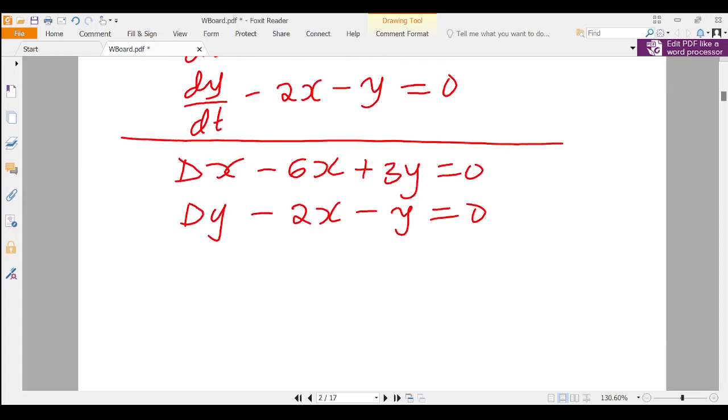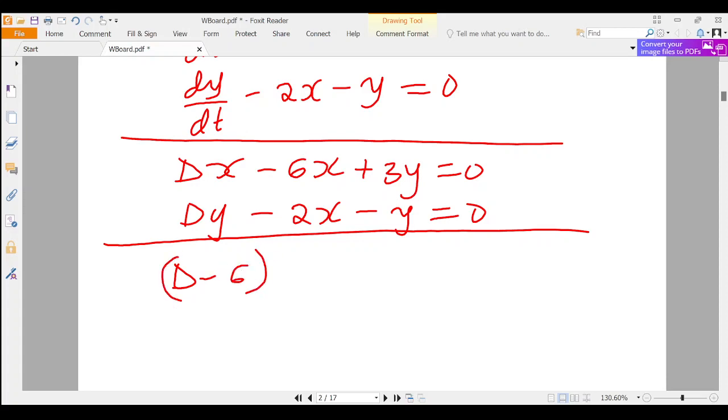So now, with these two equations, in the first equation we can write the first two terms as (D minus 6) into x. You see the first two terms contain x. Then we have plus 3y is equal to 0.